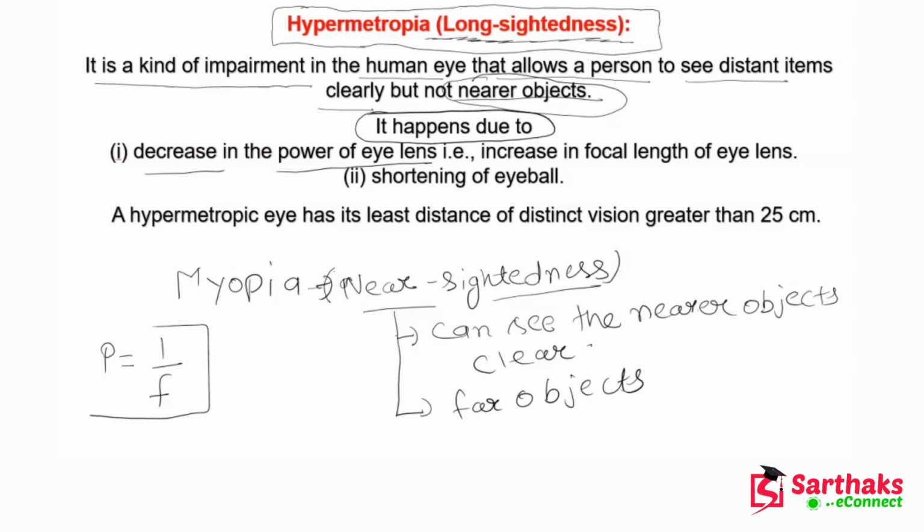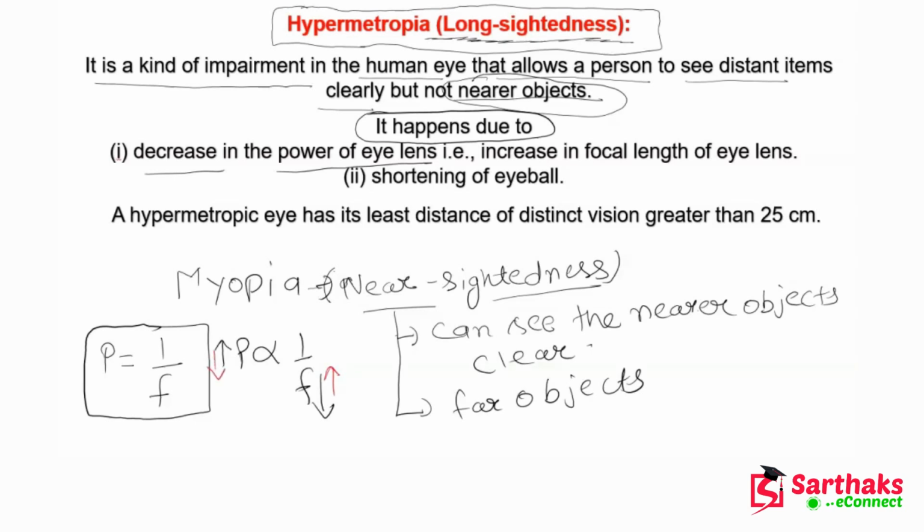This is the formula, and you can see that they are inversely proportional. And what is the meaning of inversely proportional? When power increases, the focal length decreases, and when the focal length increases, the power decreases.